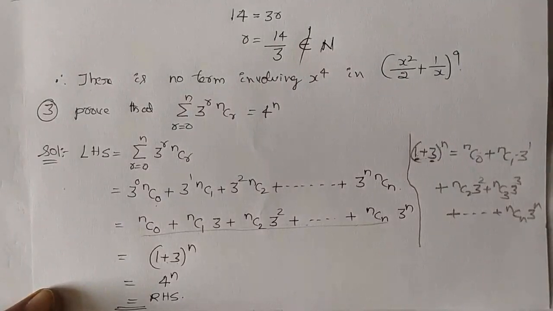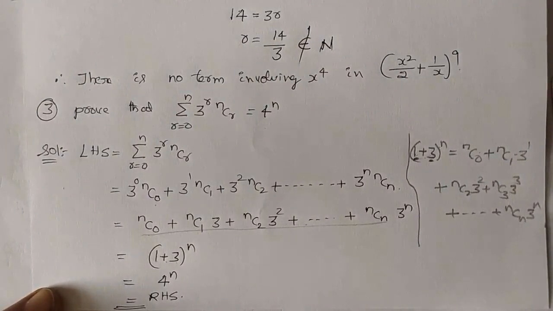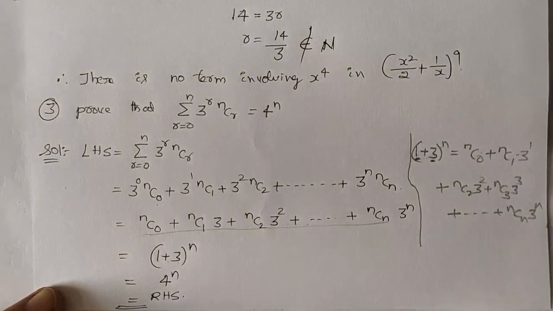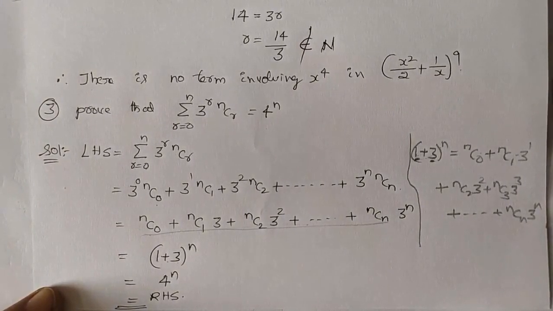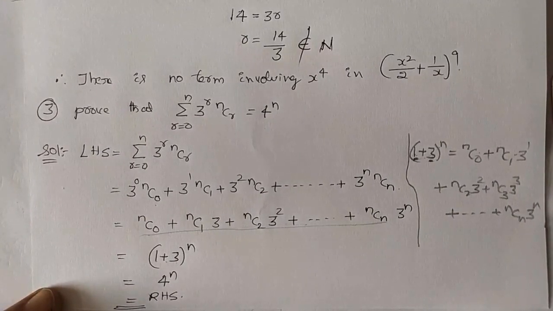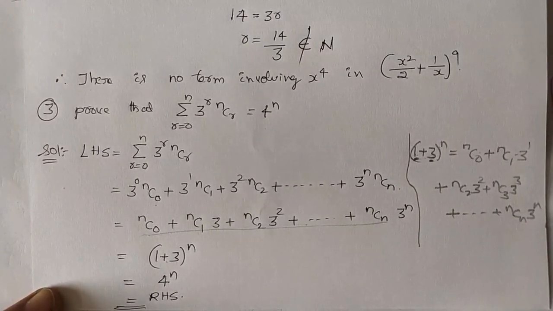In this chapter, one 5 marks question will be there, and that question is very, very important for your examination. That question is: state and prove the binomial theorem.